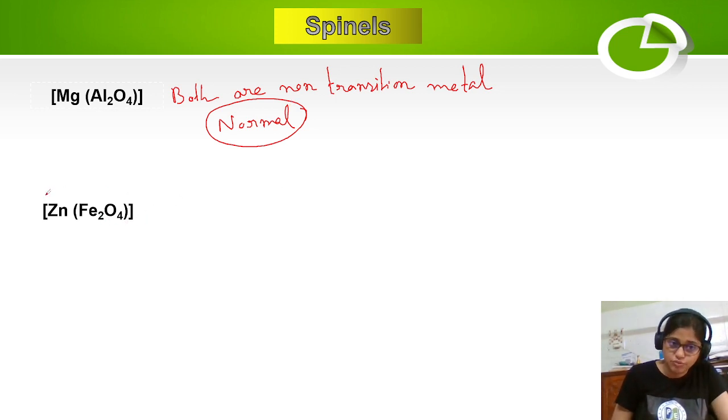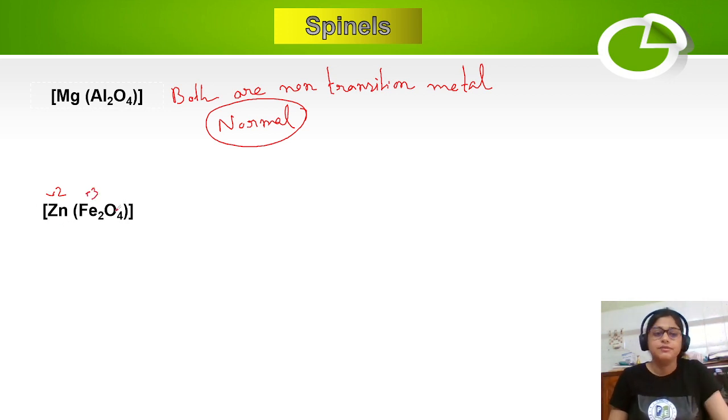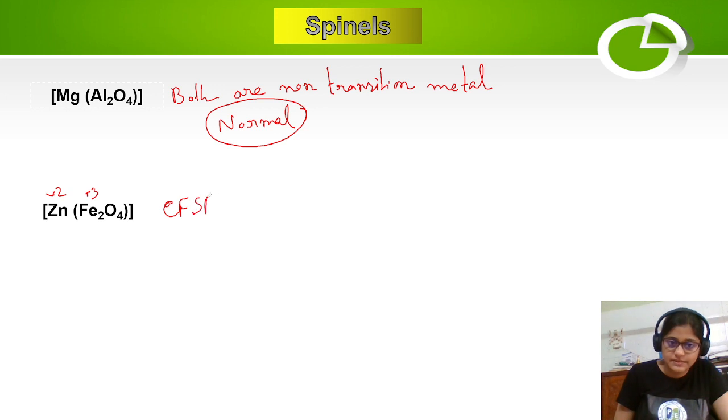Okay. Zn2+, Fe3+. You have to consider it that way, as it is given. Now both are transition metals. Fine. And CFSE of Zn octahedral is 0, right? d10 system.